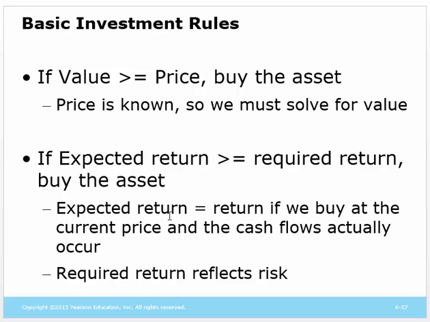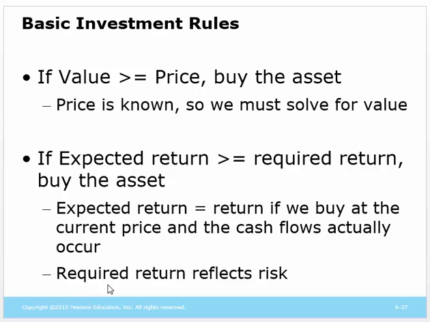The expected return is the return you get if you buy it at the current price and the cash flows you've predicted actually happen. Since we're talking about bonds, the rate of return is the yield to maturity. So if the yield to maturity is greater than or equal to the required return, then you would want to buy the bond.